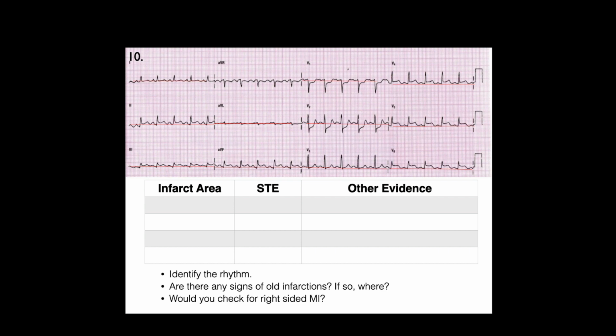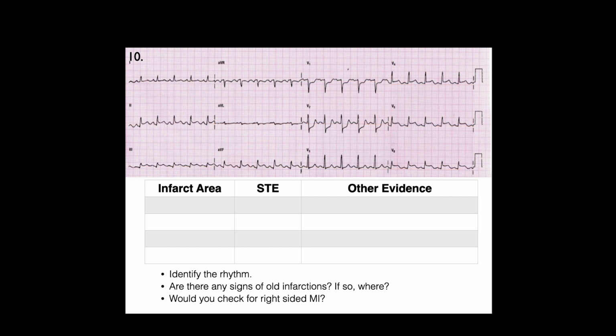And there's also some ST depression in V1 and V2. And now that you know, what does that mean to you? Check for possible posterior. Okay. And then it's sinus tach, and I don't see any signs of old infarctions, and I would check for the right-sided.